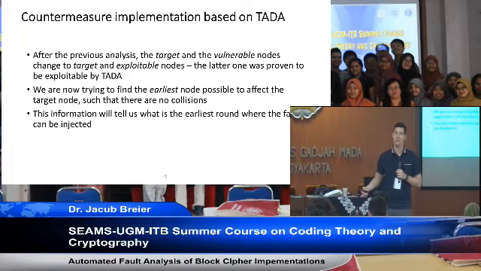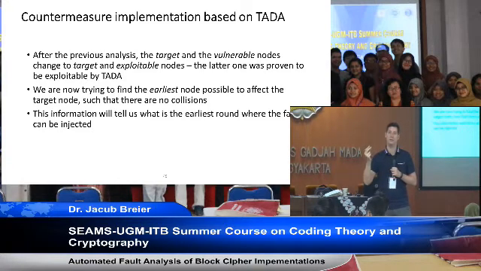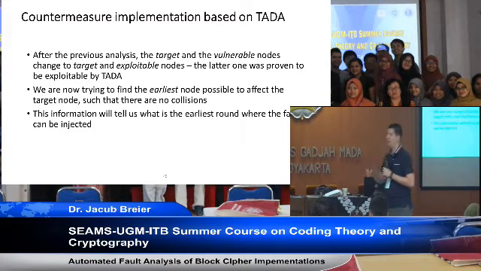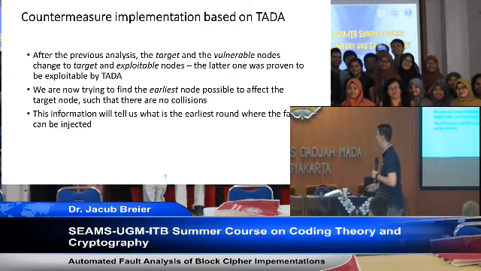So we are again checking the propagation in the data flow graph in a way that we can find a node which, if we flip the value of this node, it will also flip the value of the exploitable node, but no other node which somehow can collide with this. I will explain it later. This information will basically tell us what is the earliest round when the fault attack on this exploitable node can be applied.